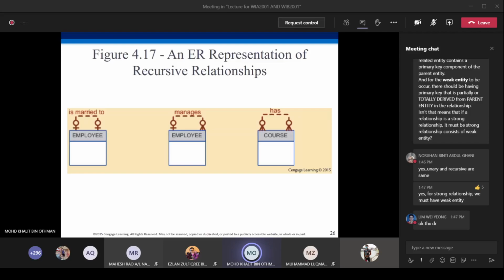This is an example of a recursive relationship for many-to-many. So we have one-to-one, one-to-many, and also many-to-many relationships in recursive relationships.